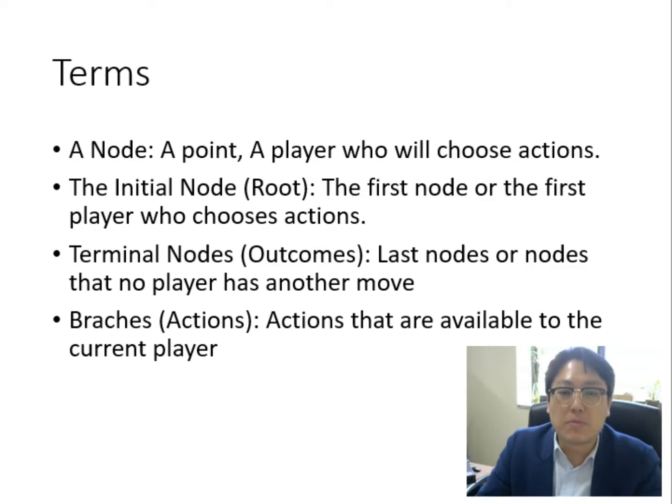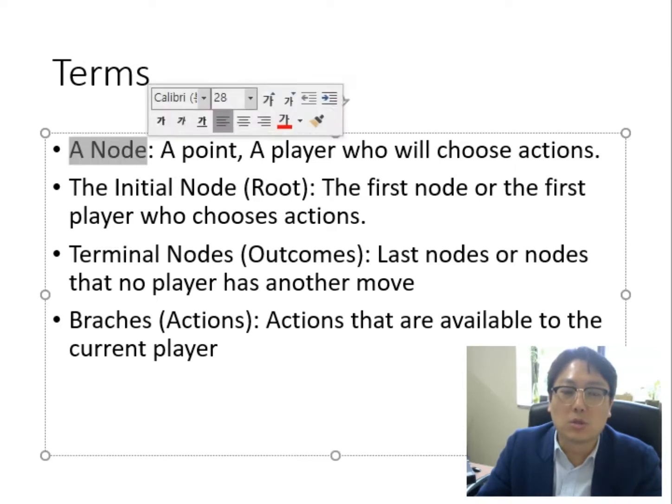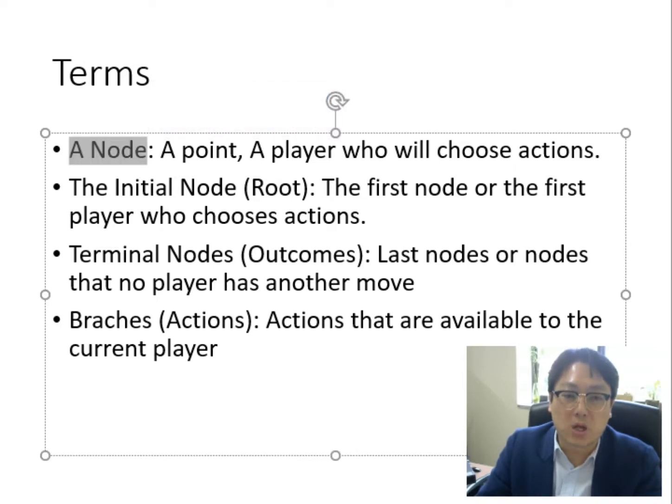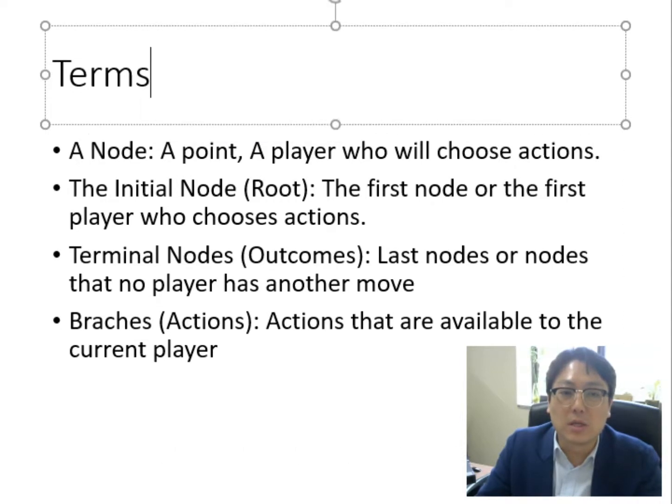To represent this dynamic game, we usually use a graph. This graph consists of nodes and branches. What is a node? Basically, a node is a point.